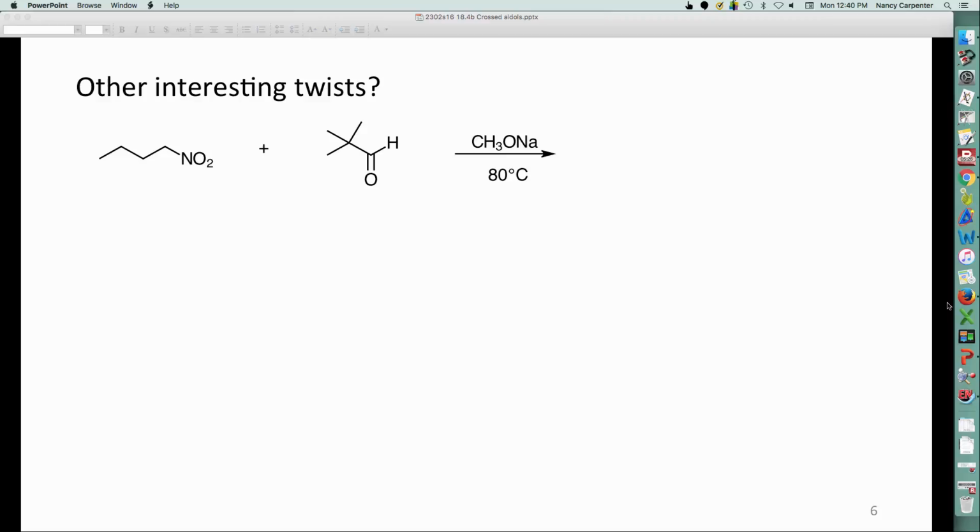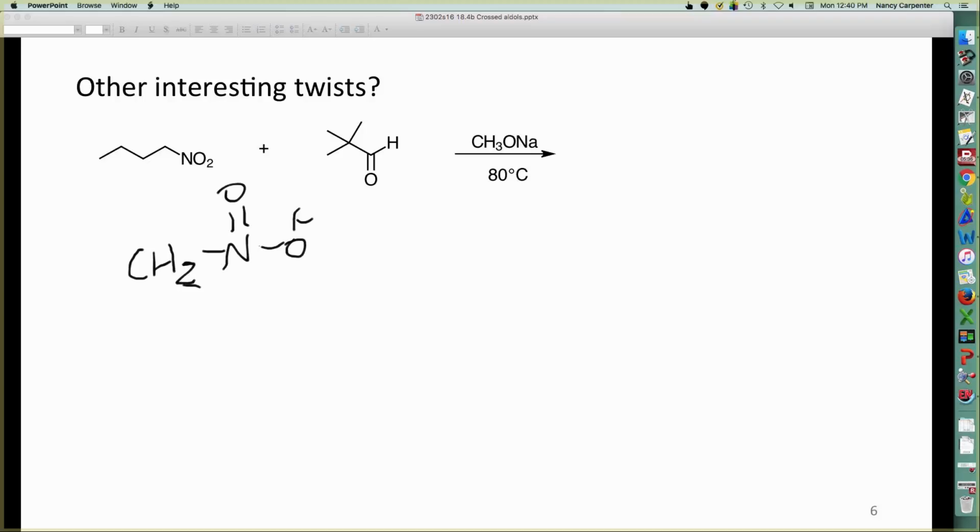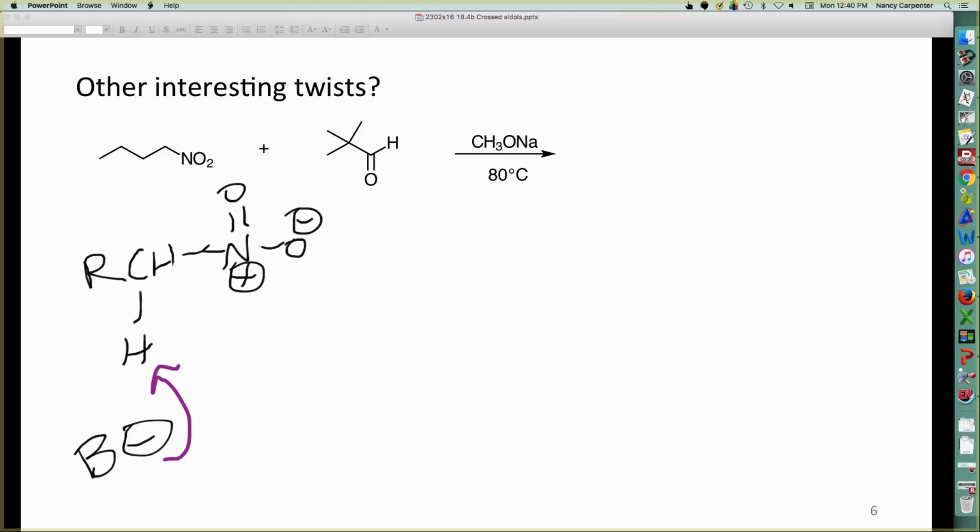Other interesting twists to the aldol? Well, what's the product of this reaction? I see an aldehyde, but not another carbonyl. Well, you're right, there's no other carbonyl, but you certainly know that the NO2 group is a very good electron withdrawing group, and so it is just as easy to deprotonate a nitroalkane as it is to deprotonate the alpha hydrogen of an aldehyde or ketone.